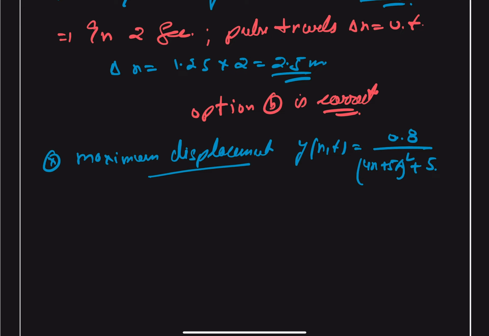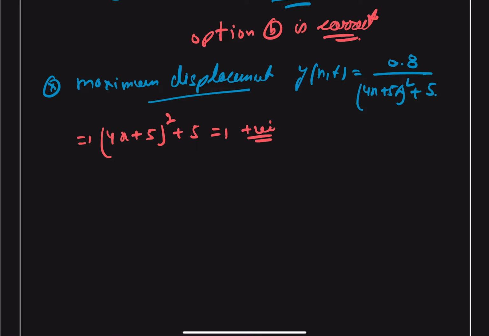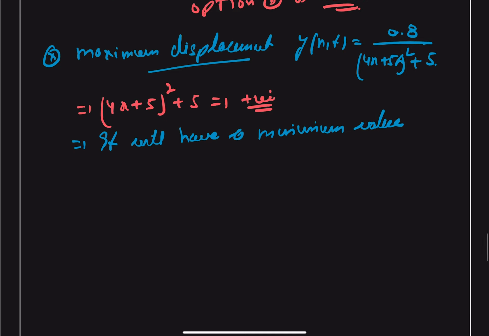Here the denominator, (4x plus 5t) whole square plus 5, will always be positive, and it will have a minimum value when 4x plus 5t is equal to 0.